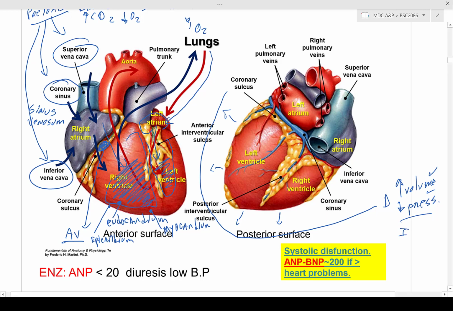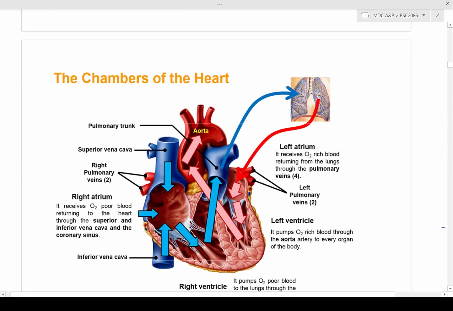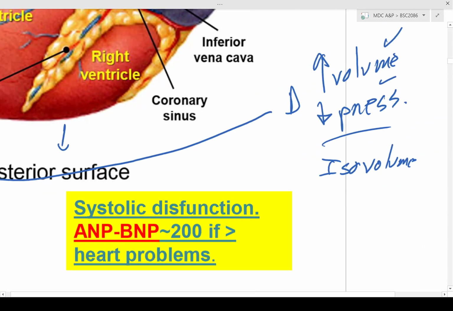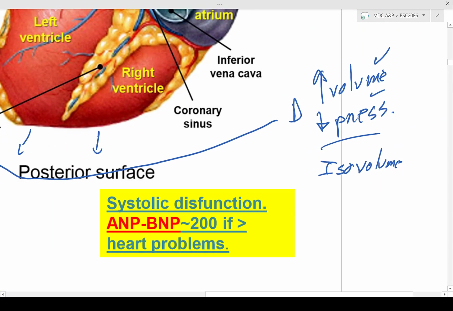We call this what? Isovolumetric. Sorry about that. Let me make that bigger. So, isovolumetric relaxation. And you guys understand why we call it isovolumetric relaxation?